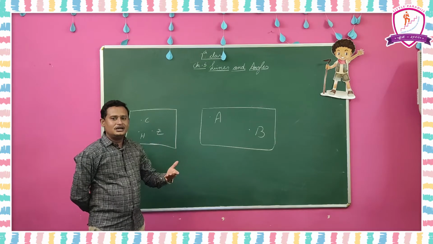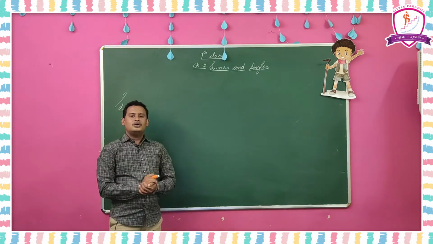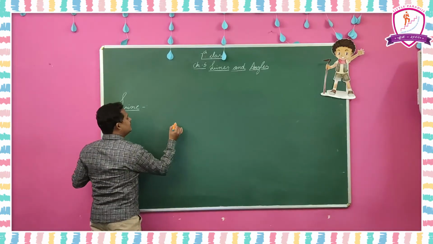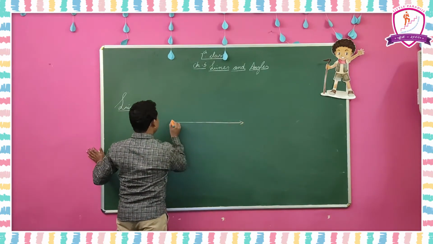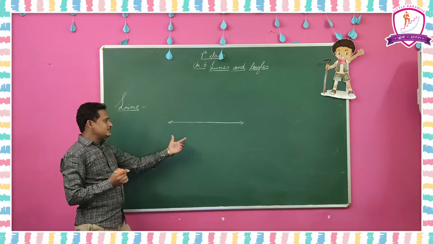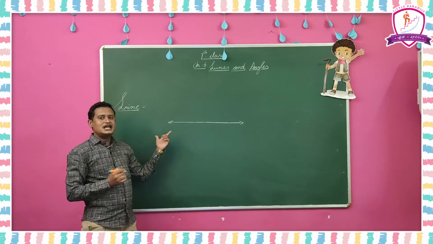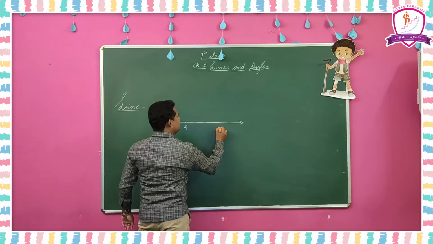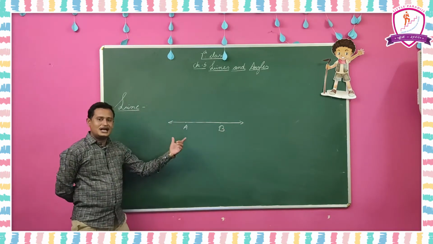Now we are going to discuss the line. A line is a straight line which is extended in both directions. I put points on the line.